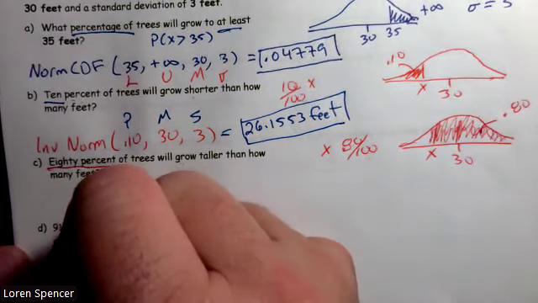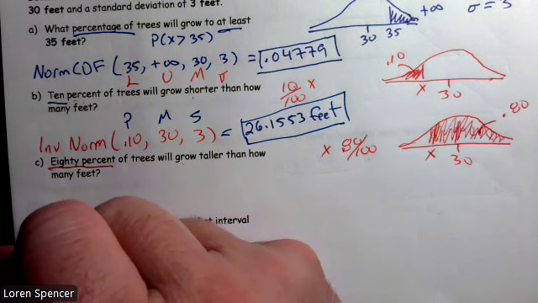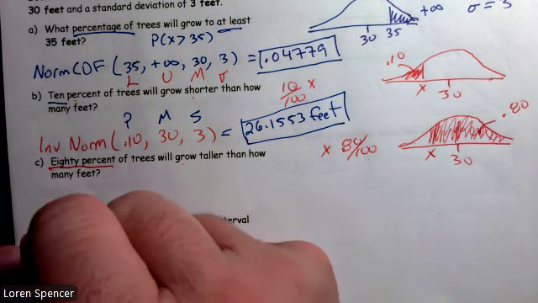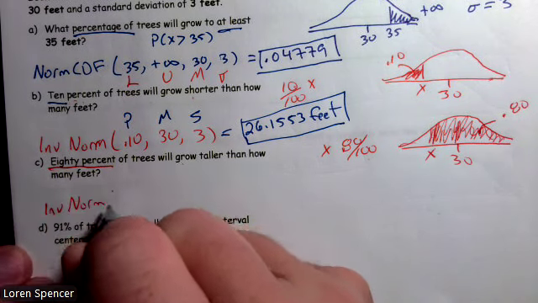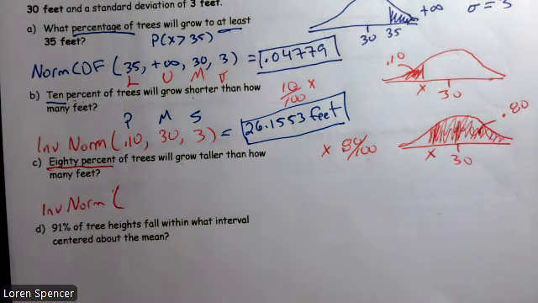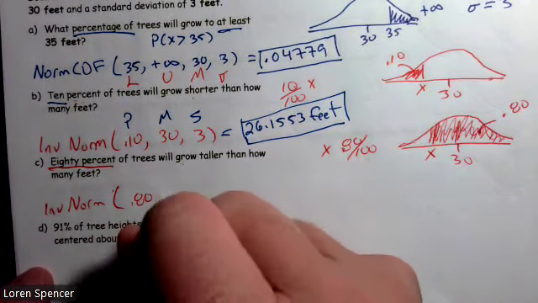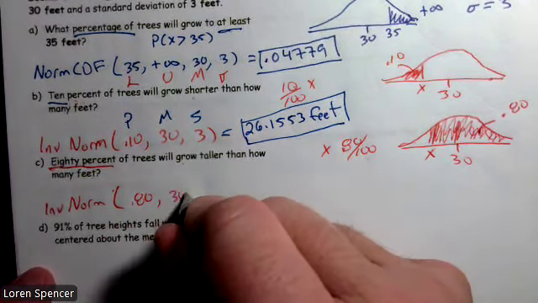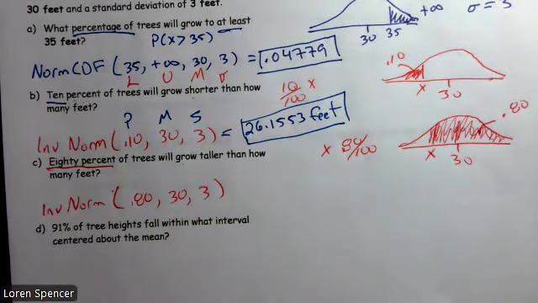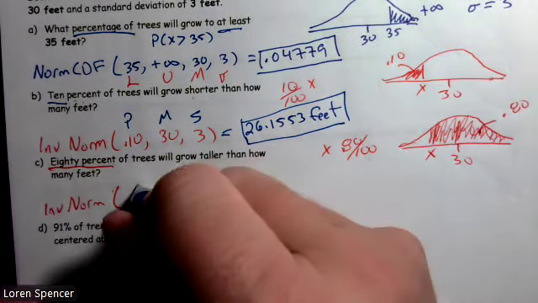Because they gave me a percent, anytime they give me a percent, it's going to be inverse norm. And my area is 0.80. My mean is 30. My standard deviation is 3. So there's my PMS.